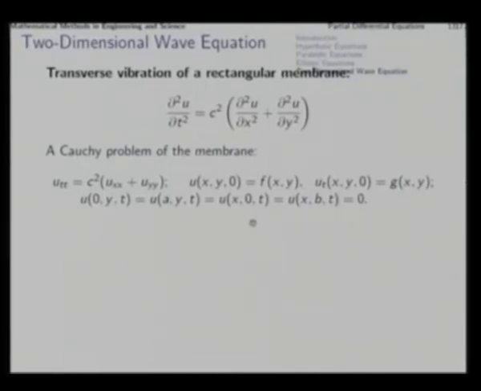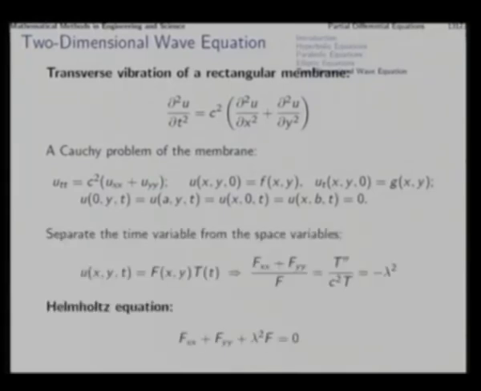Now, how to solve this particular initial boundary value problem? First we try to separate the time variable from the space variables. For that we propose a function of x y, of the space variables, multiplied with a function of the time variable only. In this manner we propose a solution.